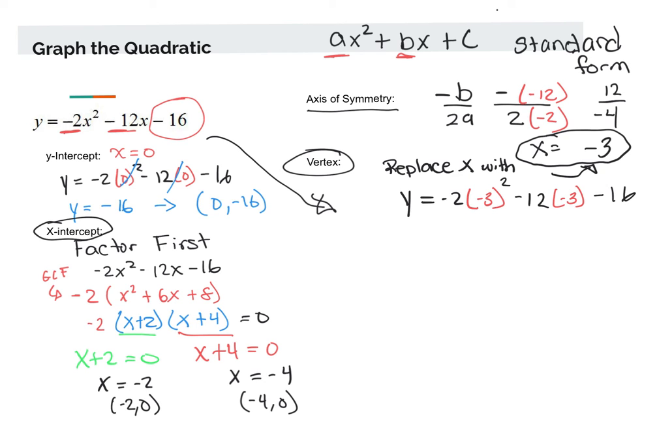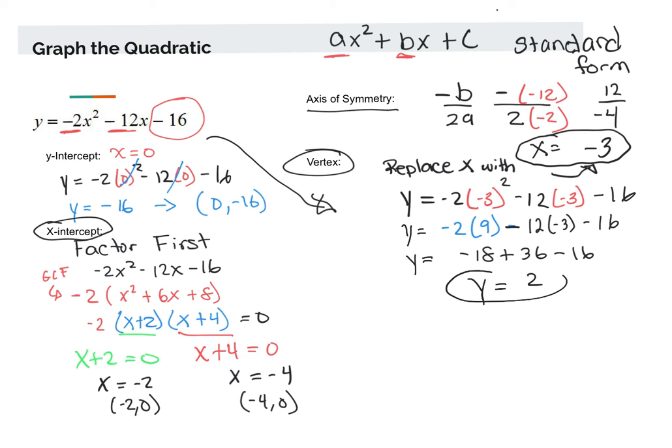So we should end up with -3 in parentheses, and now we're going to do our order of operations. So after I simplify my equation, I end up with y equals 2. So the vertex has to be an ordered pair. x is -3 because that's what I replaced into my equation. And my y is 2.